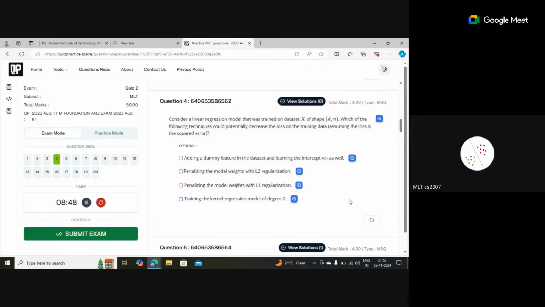Ma'am, in this question, there are two correct options: the first one and the last one, about training the kernel regression model of degree 2.